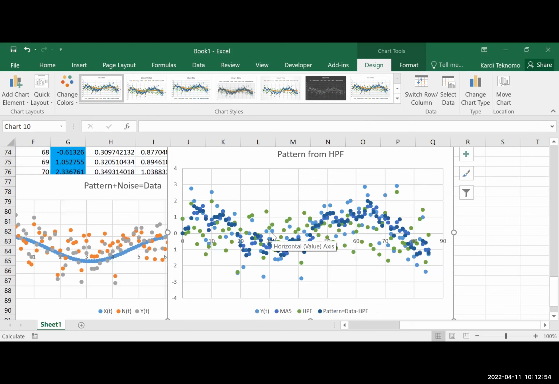Delete. Oh, where is that? Green one is the high pass filter. No, the EMA I need to remove. Is this the EMA? No, this is the data.